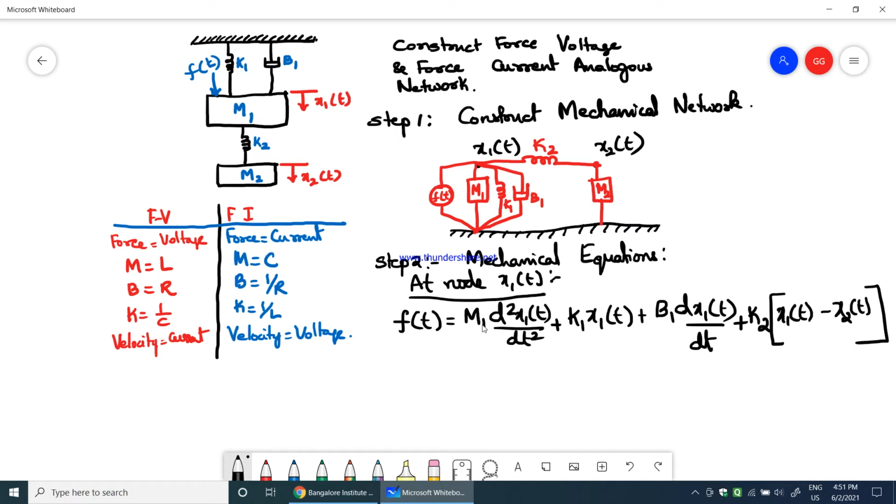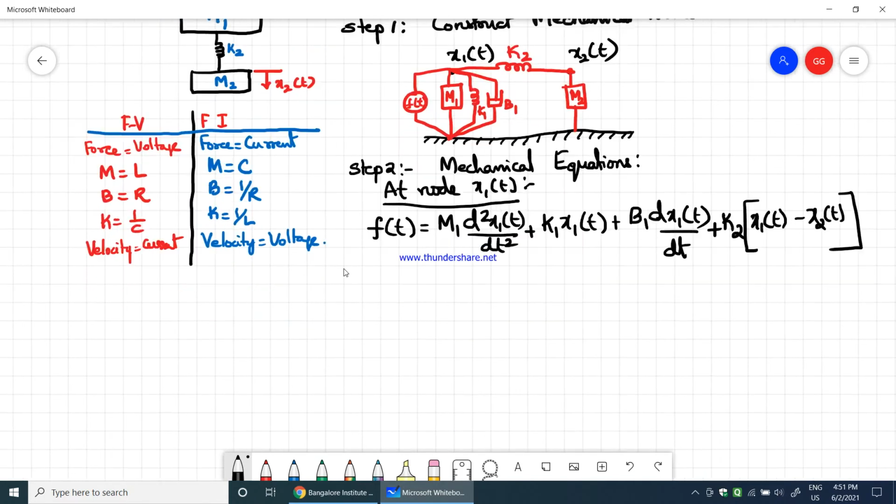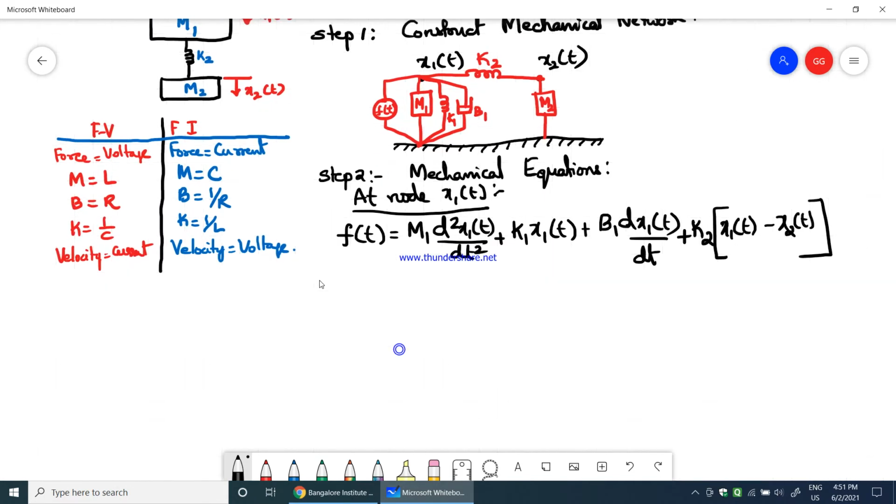As usual we wrote in terms of displacement, but the same equation should be written in terms of velocity.